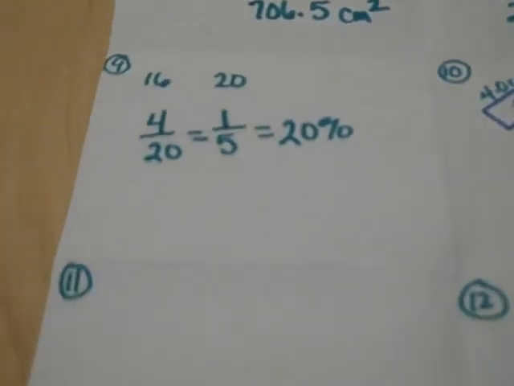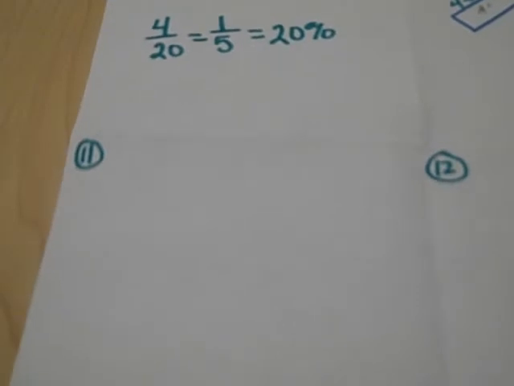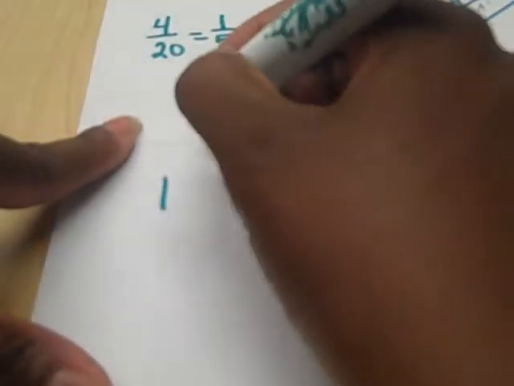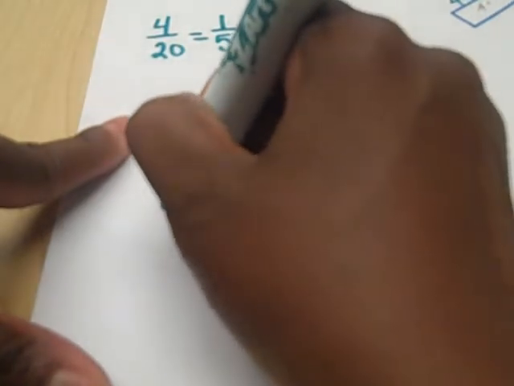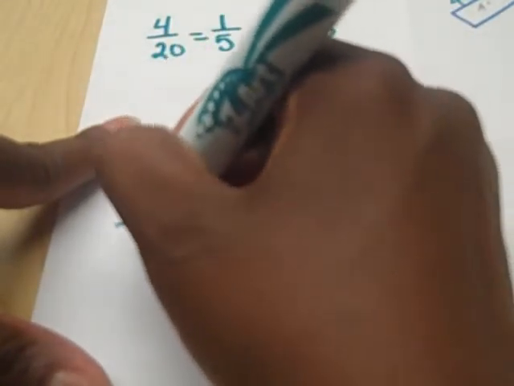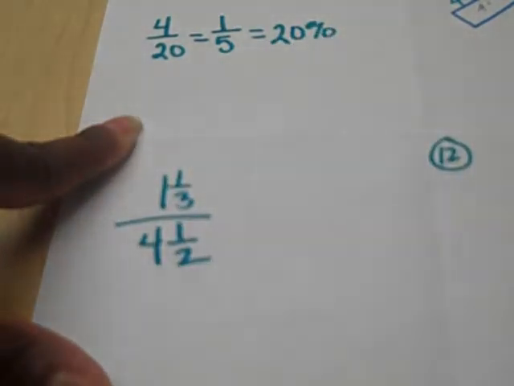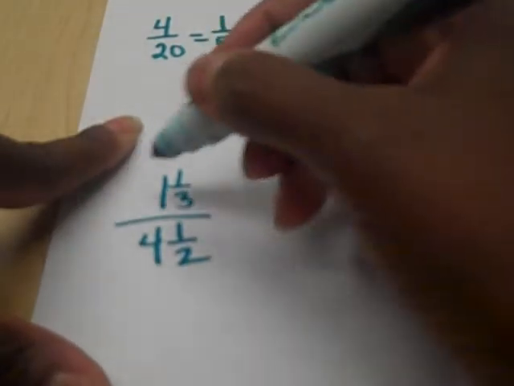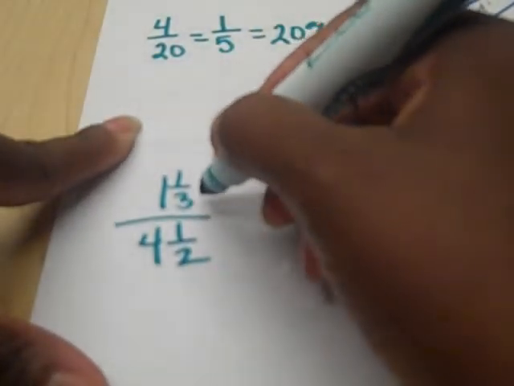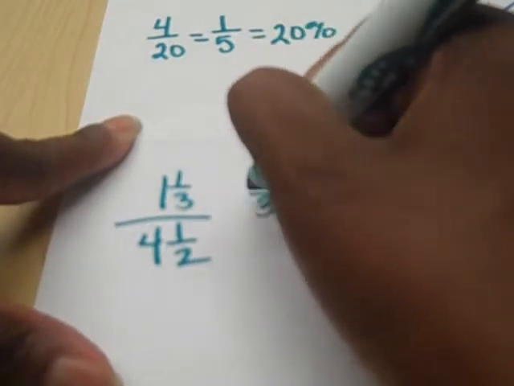Okay, moving on to number 11. Simplify 1 1/3 over 4 1/2. So this is our fraction. And we want to convert this to greater than 1 instead of a mixed fraction. In doing so, 3 times 1 plus 1, 4/3.